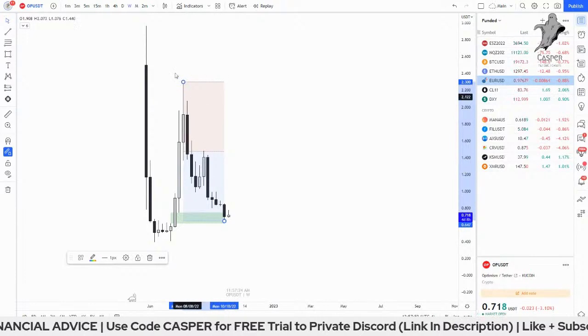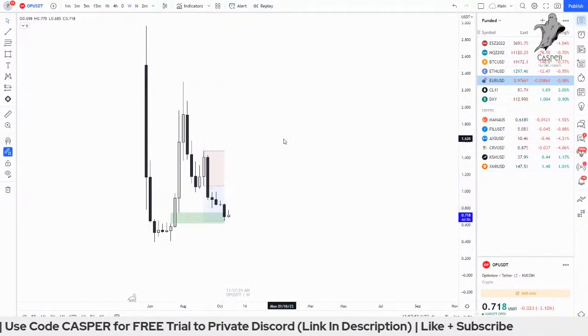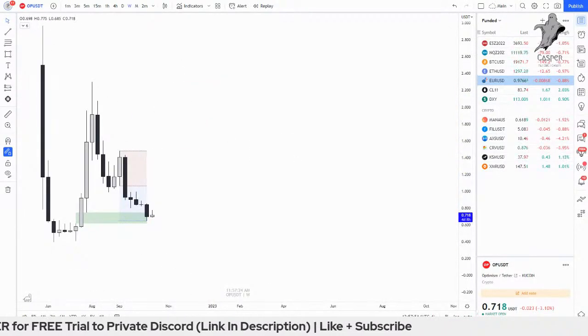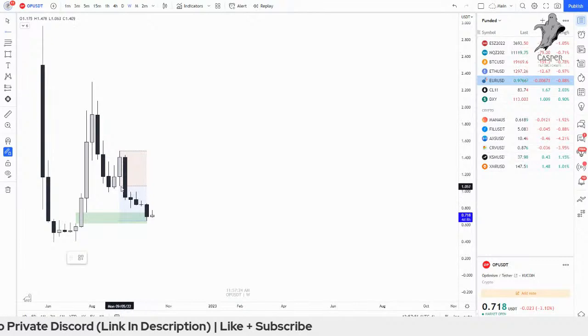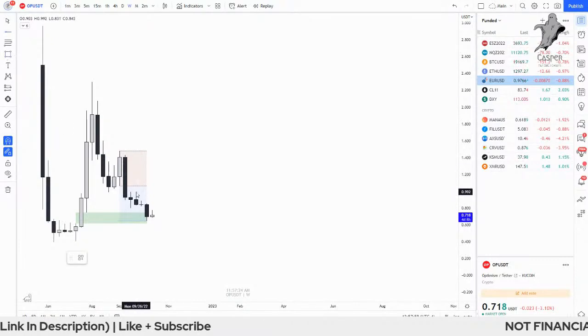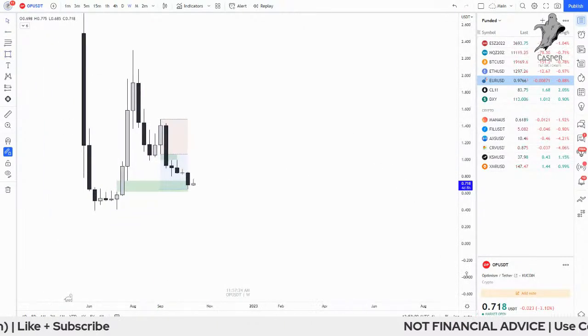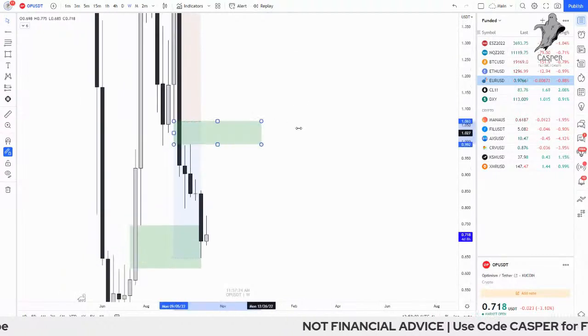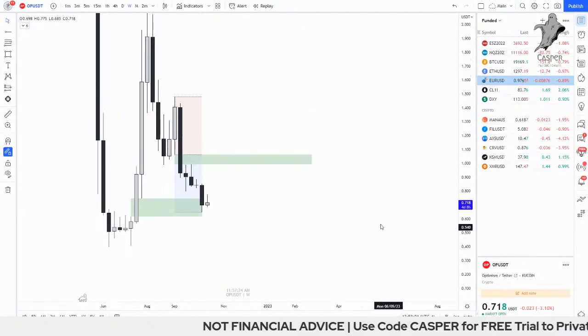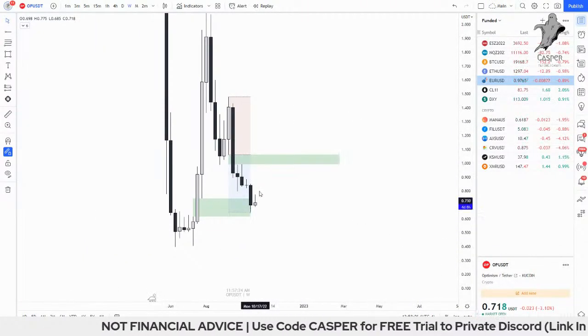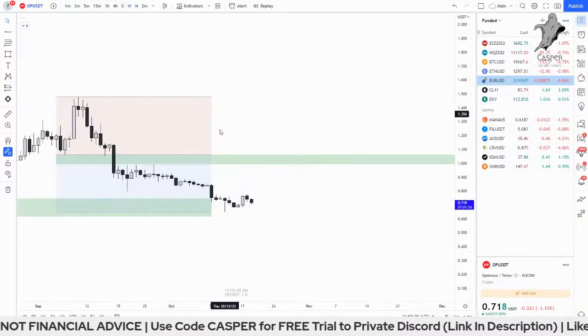So we could draw the range like this in the weekly, but I think it'd be better to draw it like this. And you've got this imbalance right here. Kind of got tapped into, but not really at all, actually. So I would say that on the weekly candle, we haven't formed a weekly swing low, but let's see the daily.